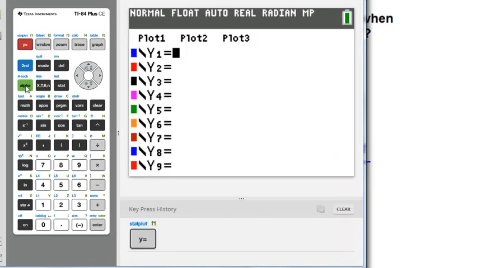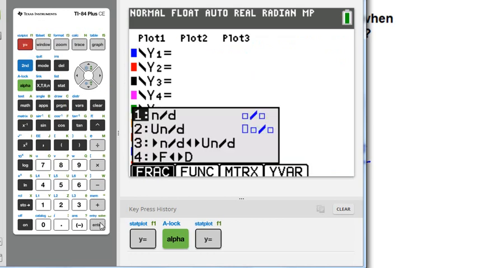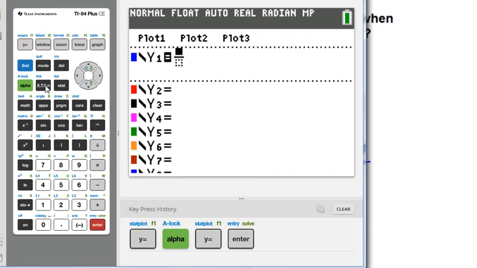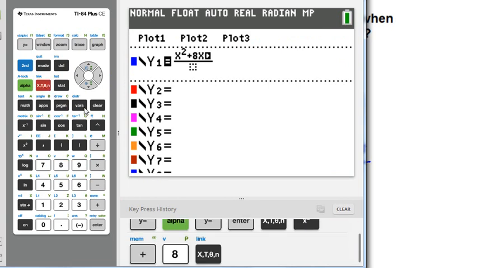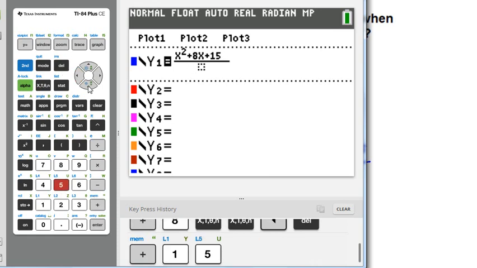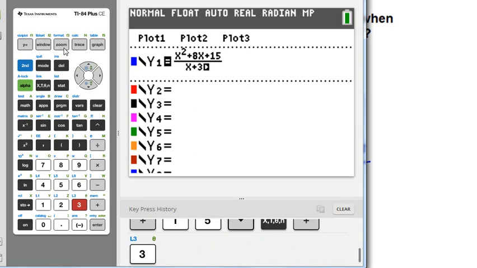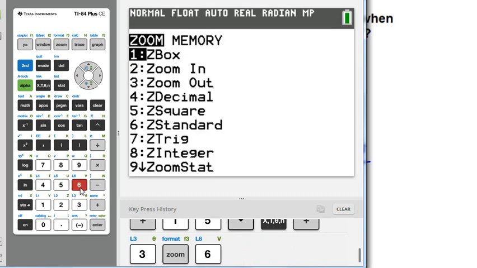So if we have x squared plus 8x plus 15 over x plus 3, I'm going to zoom 6.